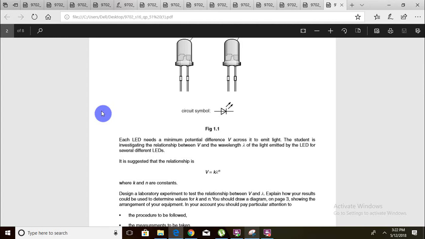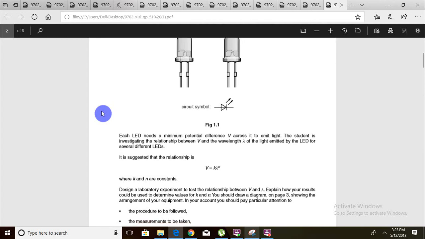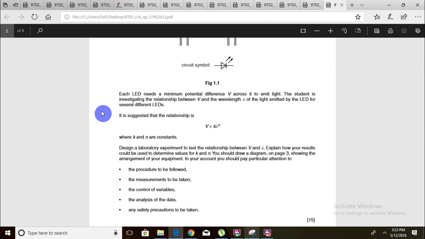It is suggested that the relationship is V = K lambda^n, and both K and n are constants. You need to design a lab experiment to test the relationship between V and lambda and explain how your results could be used to determine values for K and n.